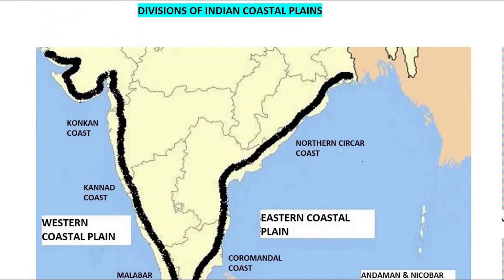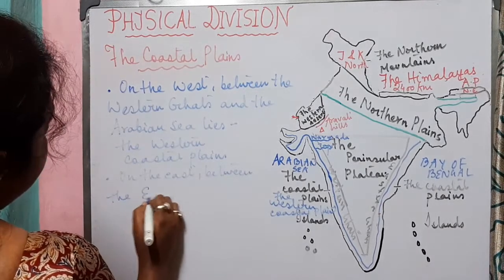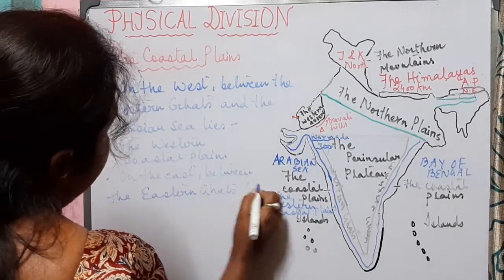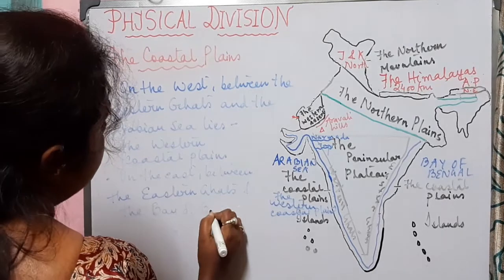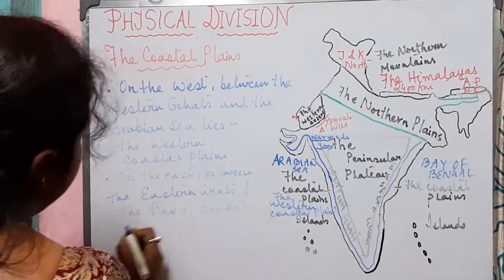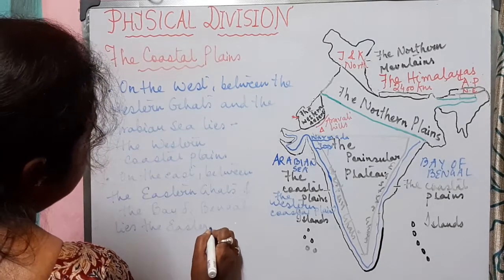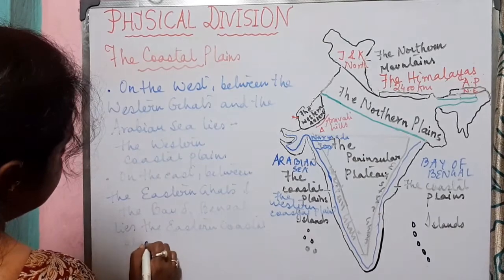On the east, between the Eastern Ghats and the Bay of Bengal lie the eastern coastal plains.